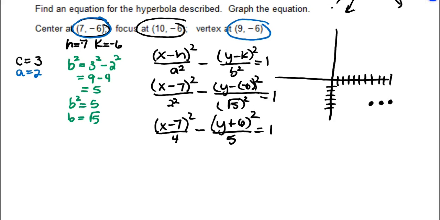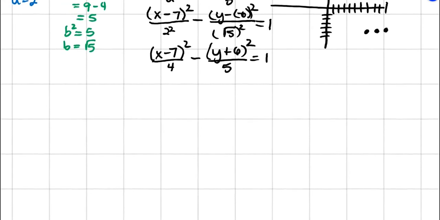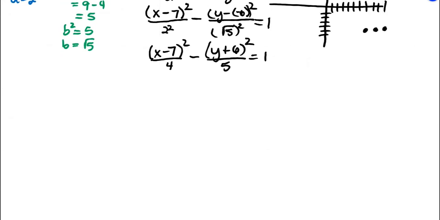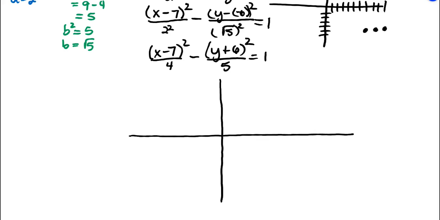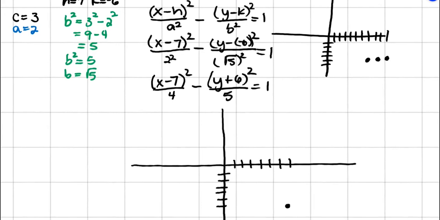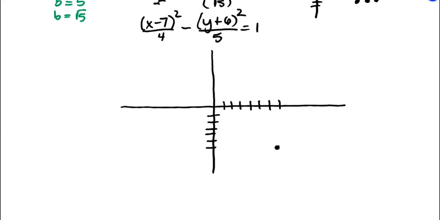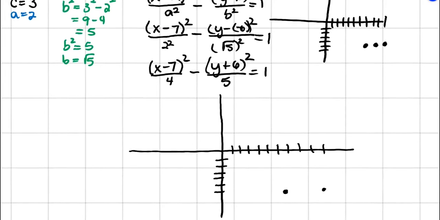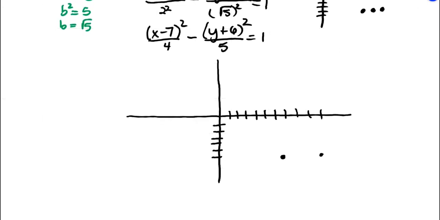I'm going to draw a larger sketch than I started before. So we have our center at (7, -6), a focus at (10, -6), and a vertex at (9, -6).